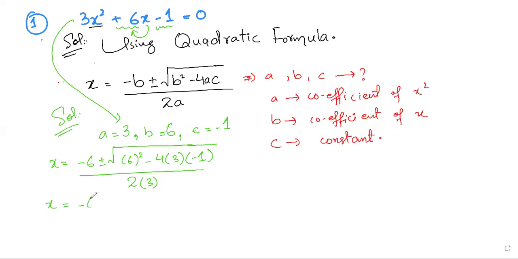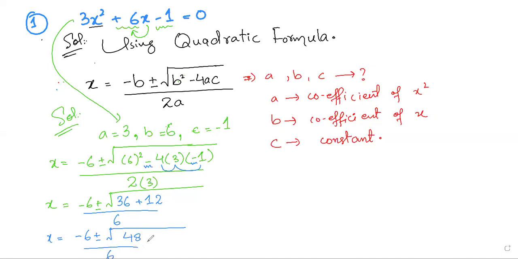So x equals minus 6 plus minus square root of, now the square of 6 is 36, then minus times minus gives you plus, 4 times 3 gives you 12, 12 times 1 is also 12, whole divided by 2 times 3, which is 6 in the denominator. Now x equals minus 6 plus minus the square root of 36 plus 12, which is 48, divided by 6.